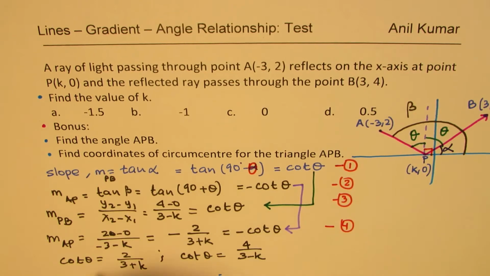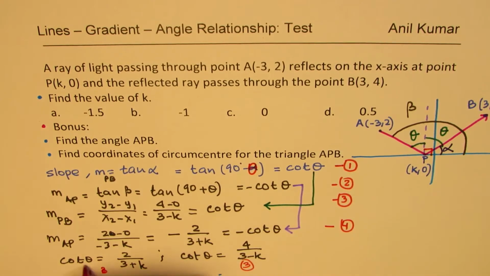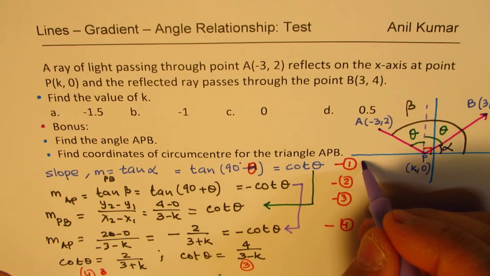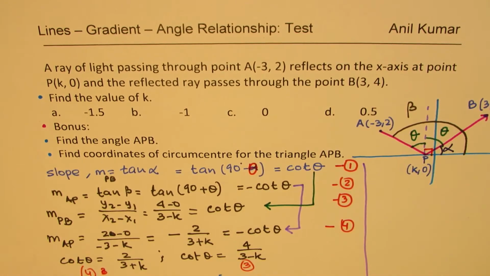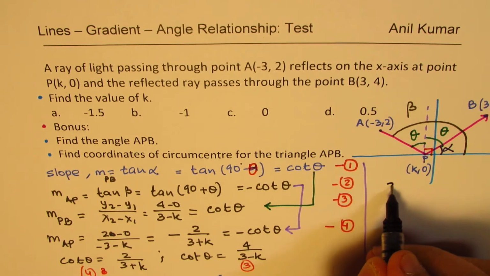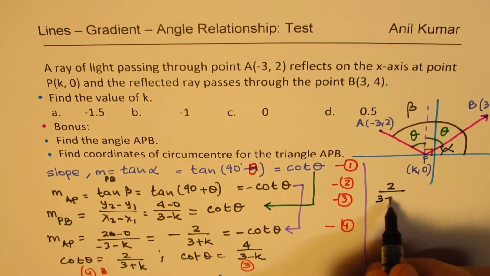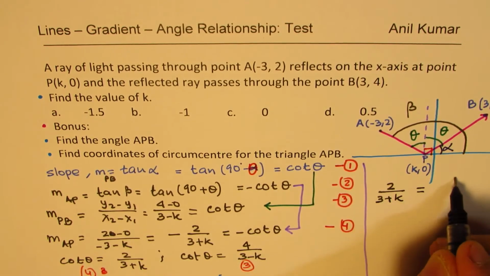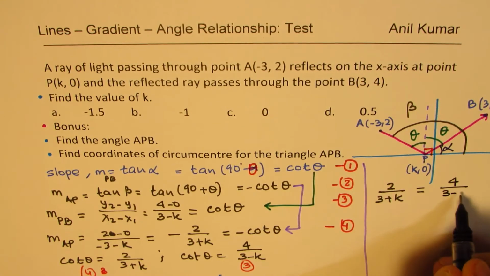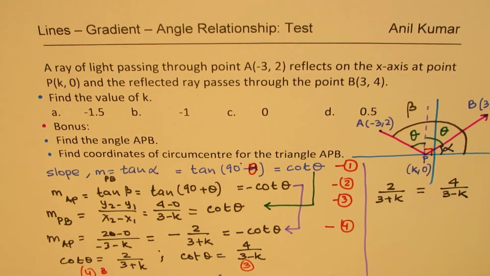But both should be equal. So now we are going to equate them both and find the value of k. This is the only unknown, right? So we get 2 over 3 plus k equals 4 over 3 minus k. Is that clear? So we get this relation.